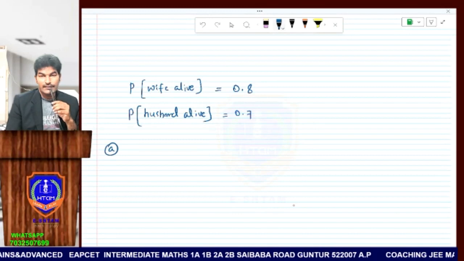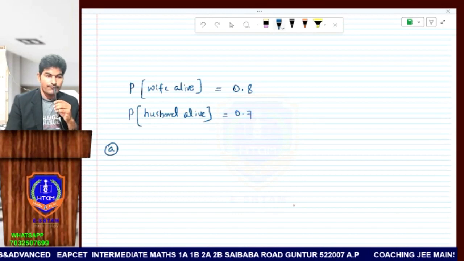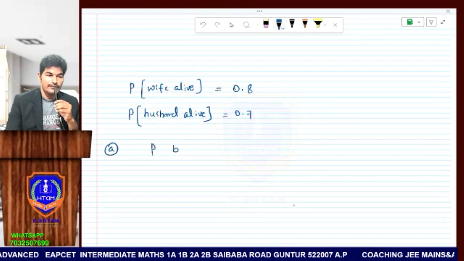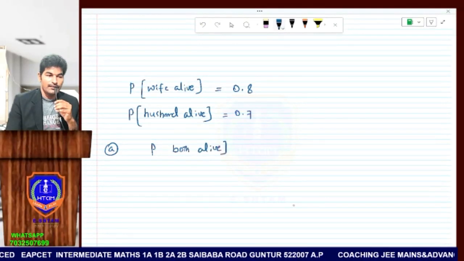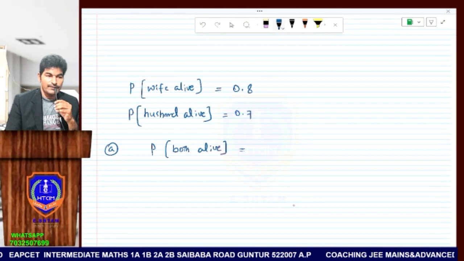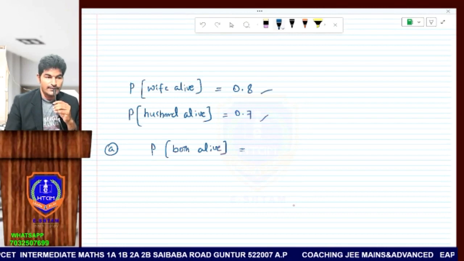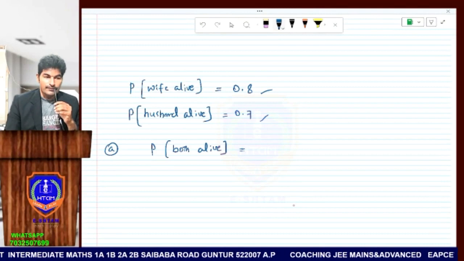The first question is asking about both alive. So actually the given probability is representing the alive probability, not the death cases. We are not talking about death, and we will mention it as not alive.